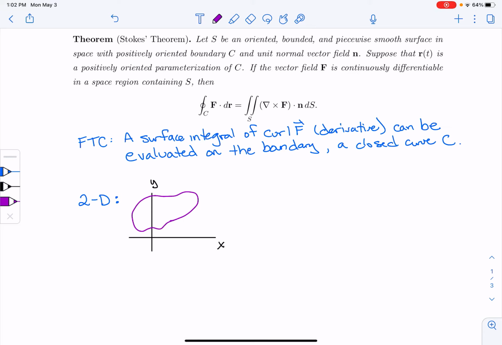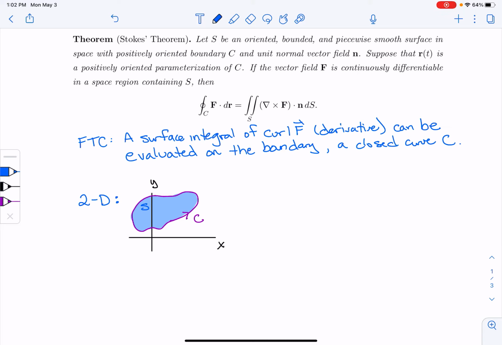Okay, give it that orientation. And then S would be the surface, the area enclosed by C. This is a two-dimensional surface, so it's just an area enclosed by C.